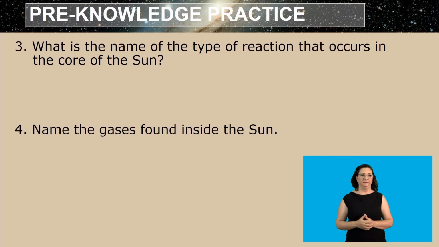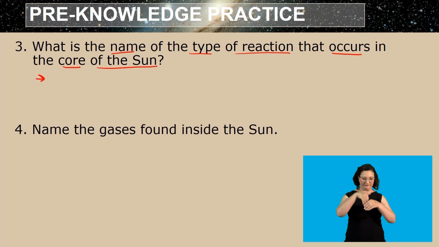It asks, what is the name of the type of reaction that occurs in the core of the sun? Right, remember, inside the core of the sun, we said that there is a nuclear fusion reaction that takes place. This is when hydrogen gas is converted to helium gas.